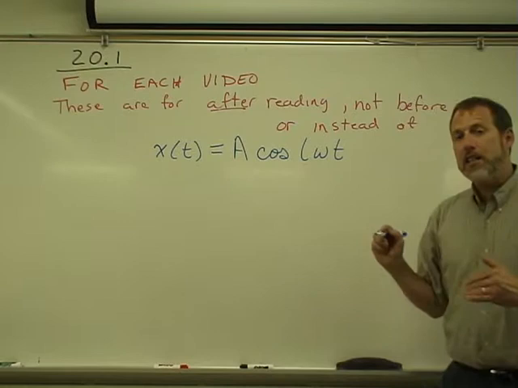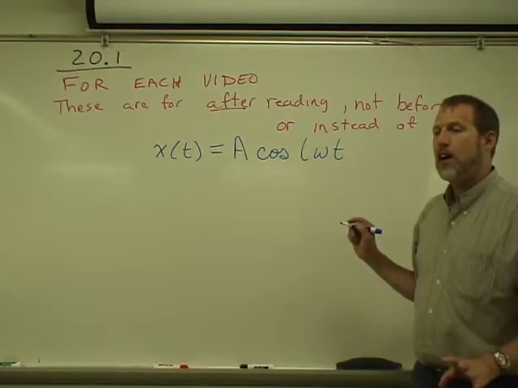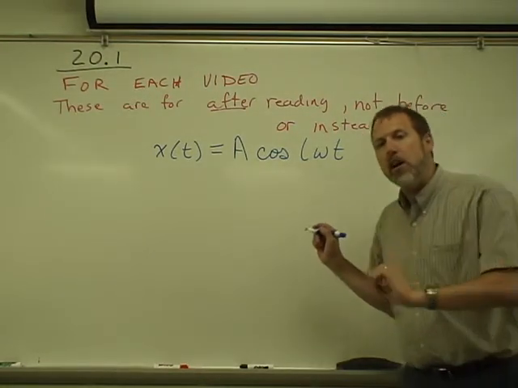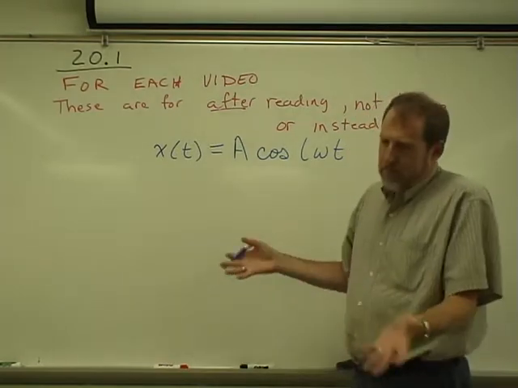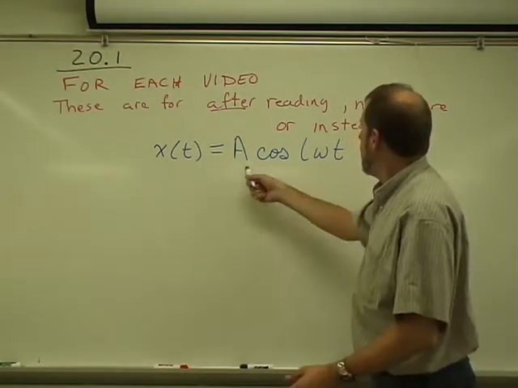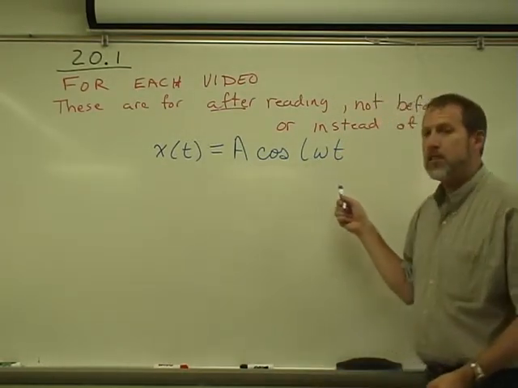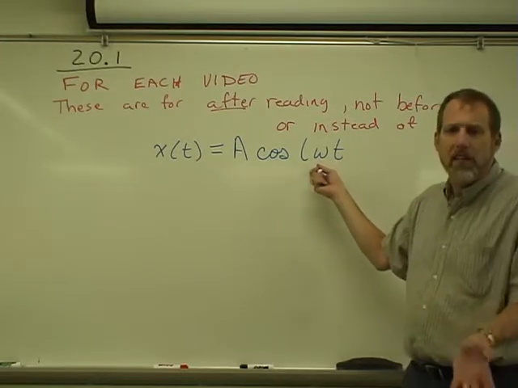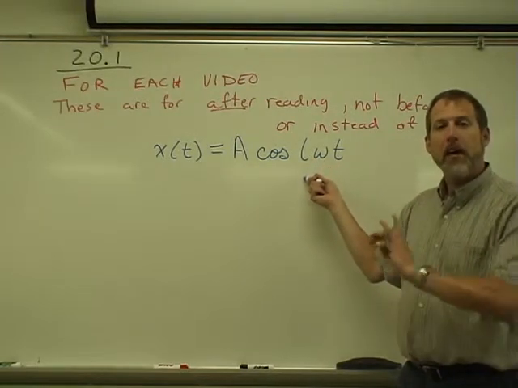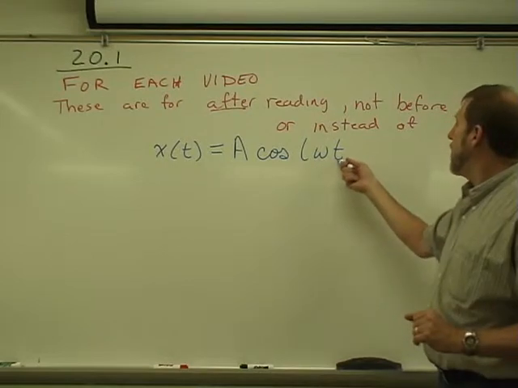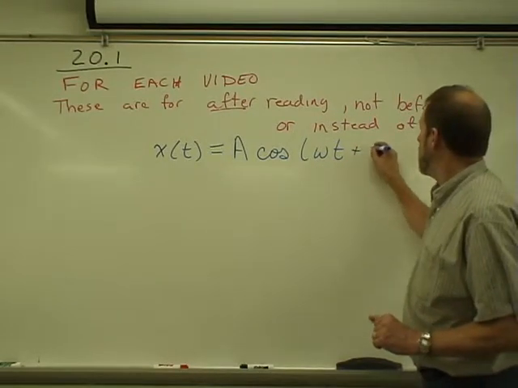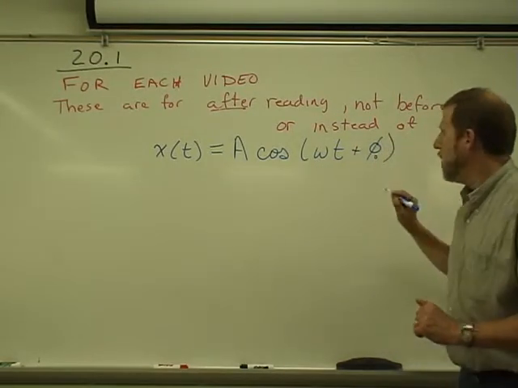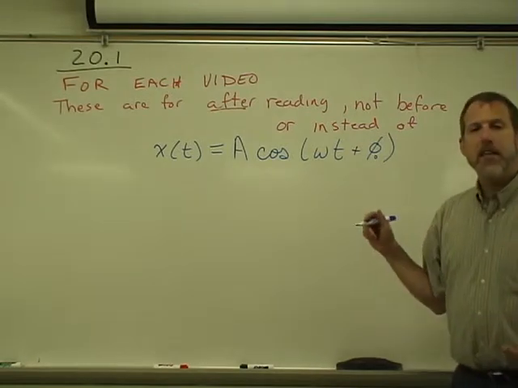Now, in oscillation, we were just looking at this as a function of time, because the central point, our starting point, was typically defined as 0. So the oscillation just depends on time. Again, this is omega, not W, the Greek letter, times time, perhaps plus some phi naught, some phase shift.